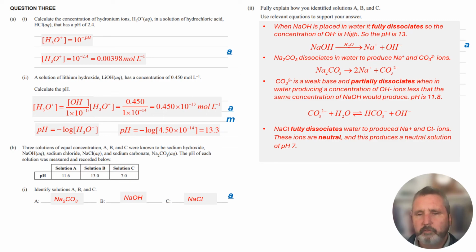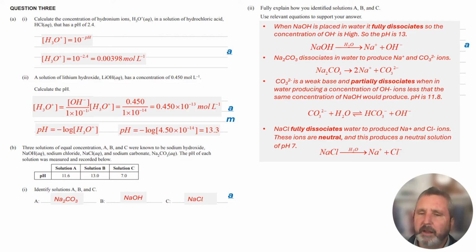Now, if you recognized that a higher concentration of OH minus leads to a higher pH, that's an achieve point. If you had two of these four equations down, you get achieved.